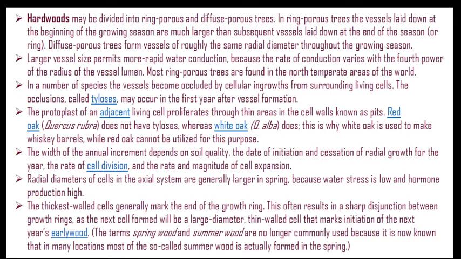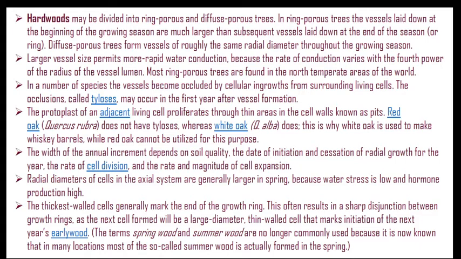The occlusion, called a tylose, may occur in the first year after vessel formation. The protoplast of an adjacent living cell proliferates through thin areas in the cell wall known as pits.